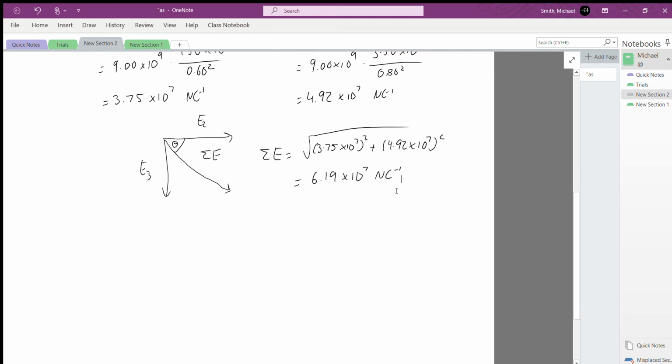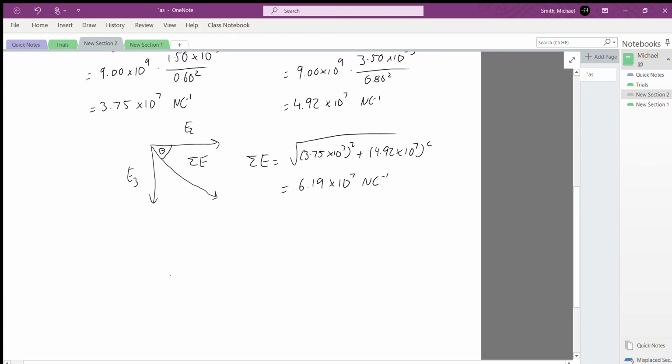To work out that angle we can redraw that vector diagram. So here's E3, here's E2, there's our net electric field. We can also shift E3 so it's over here, so now it's a little more obvious how we're going to work out that angle. We have the opposite and adjacent, so we can use trigonometry.